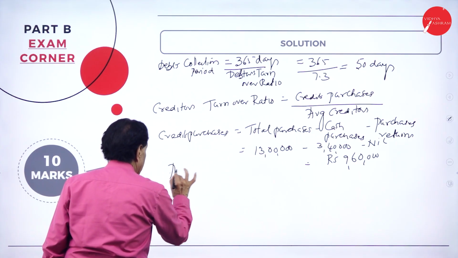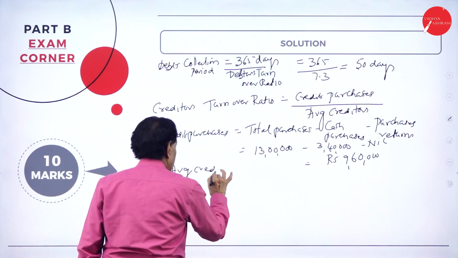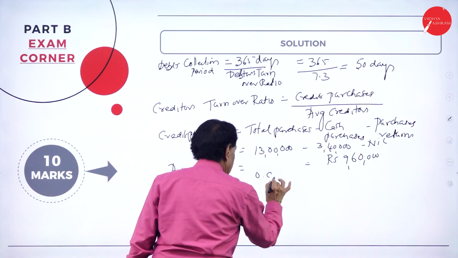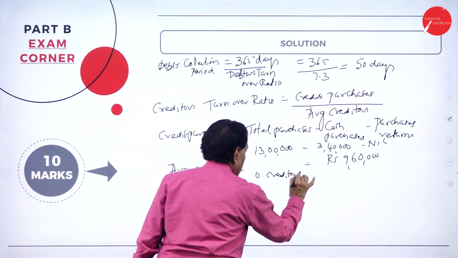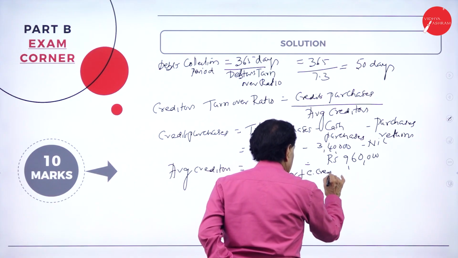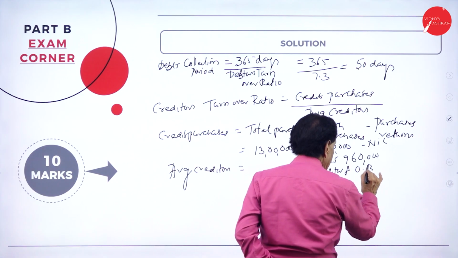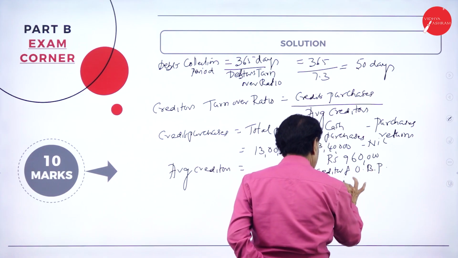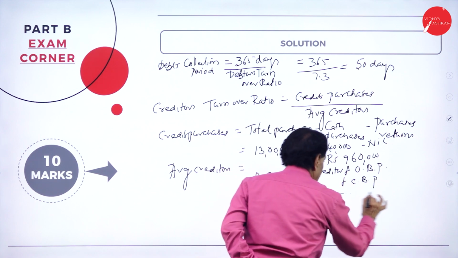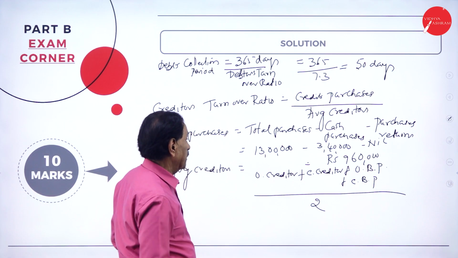Average creditors is opening creditor plus closing creditor plus opening BP plus closing BP, whole divided by 2, is the formula.